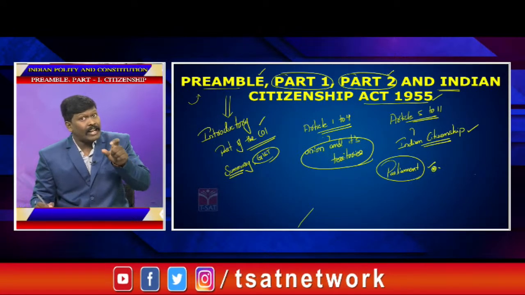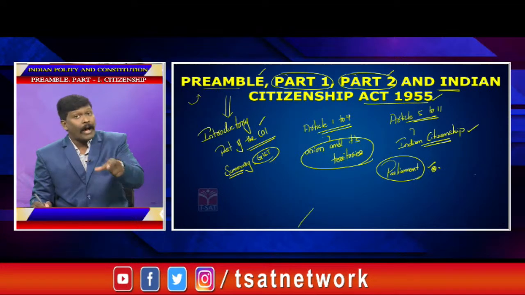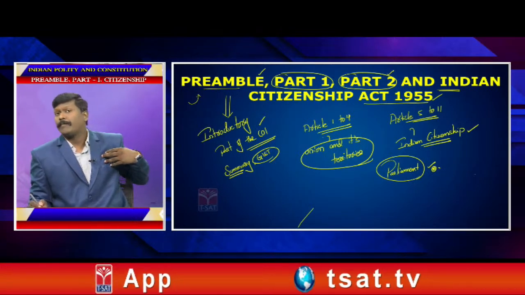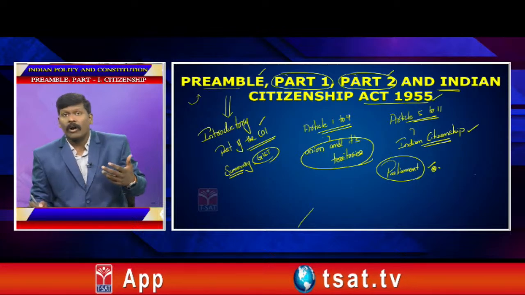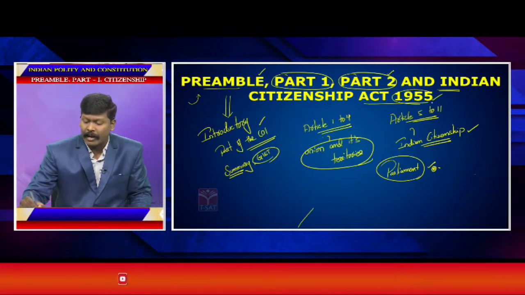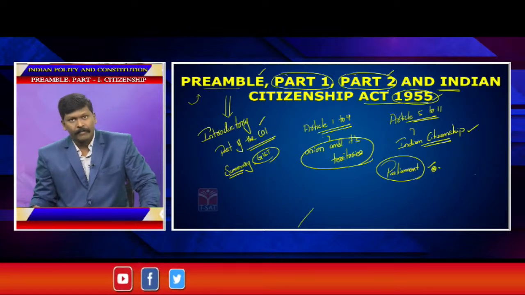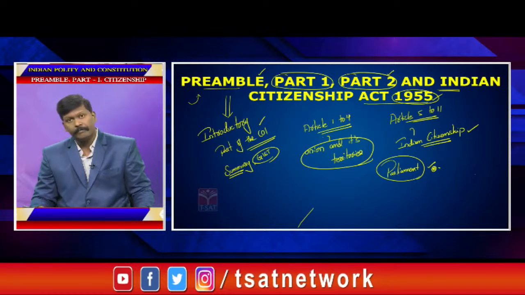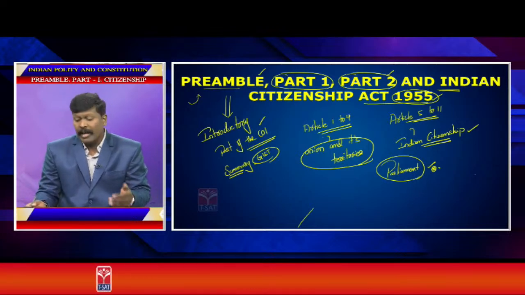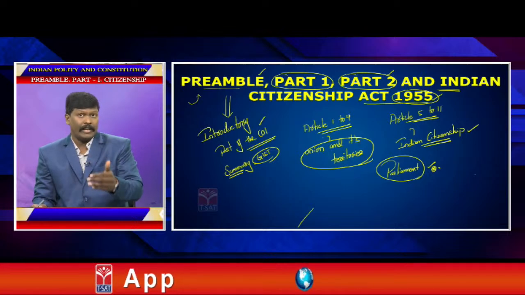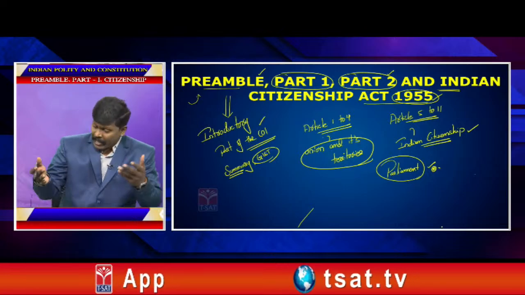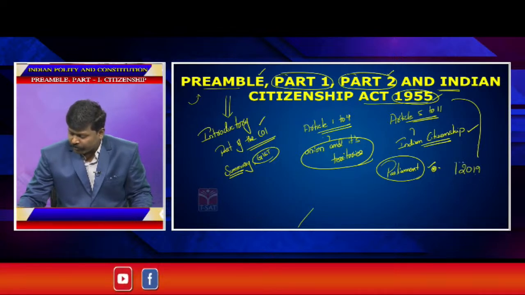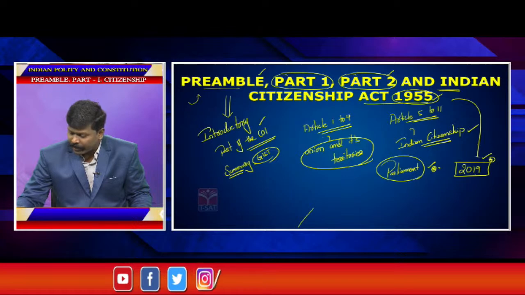So, utilizing the rights given to the Parliament by Article 11, Parliament came up with a law called the Indian Citizenship Act in 1955, to regulate Indian citizenship after 1950. This was recently amended in the year 2019.